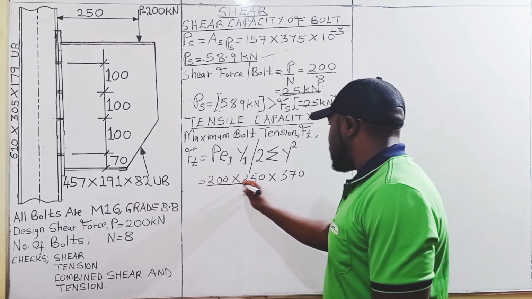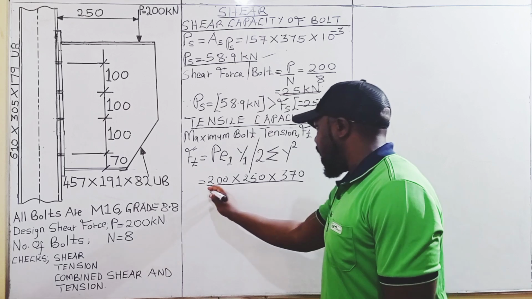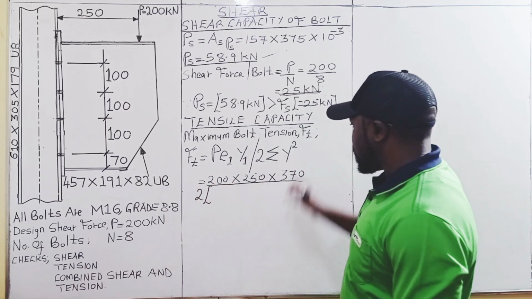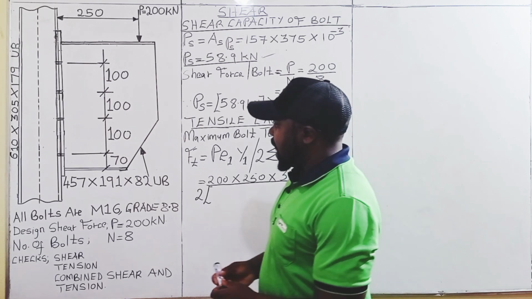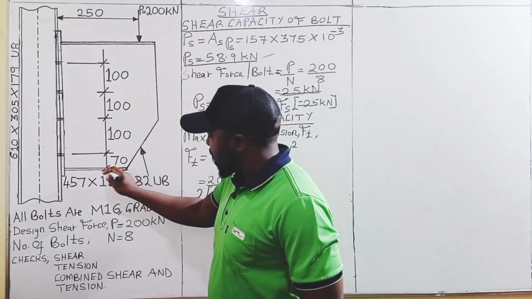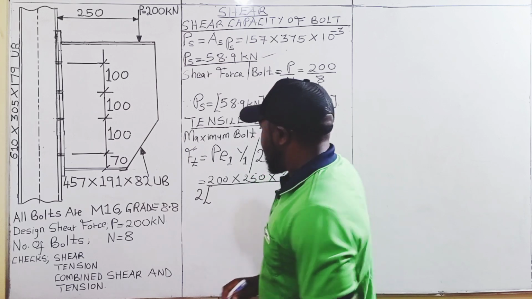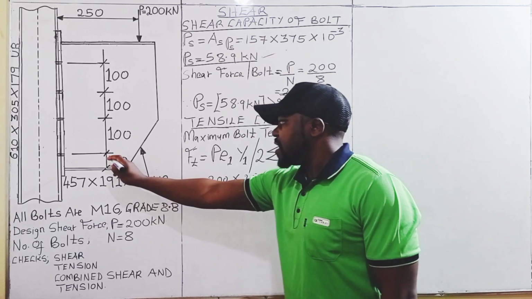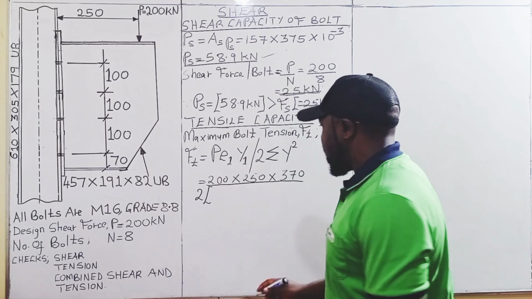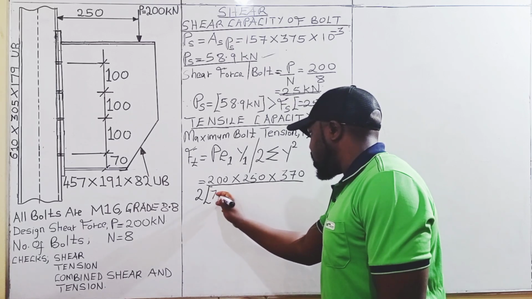Then we divide this by twice the summation of y squared. And y squared will be the distance of each bolt from this end. The first bolt is 70 millimeters away. That is the end distance E2.